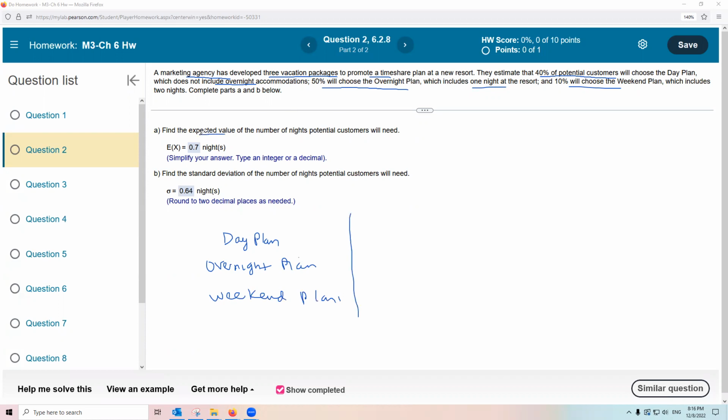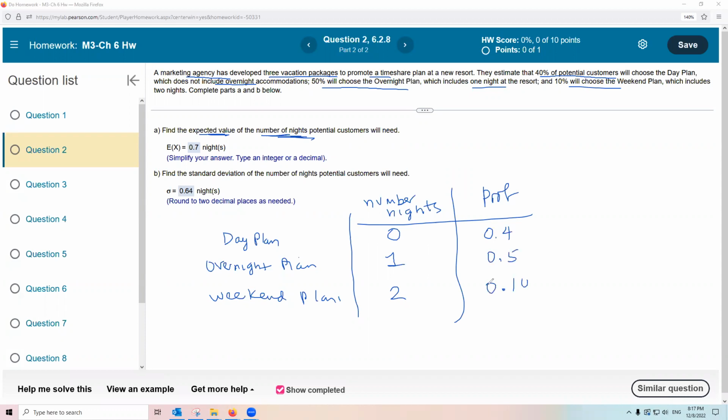It says find the expected value of the number of nights customers will need. So let me make a little column here for number of nights. For the day plan, there's no nights included. Overnight plan is 1 night, weekend plan 2 nights. And now let me write down the probabilities. They told me 0.4 for the first row, 0.5 for the second row, and 0.1 for the third row.